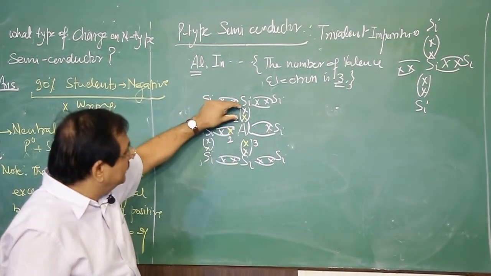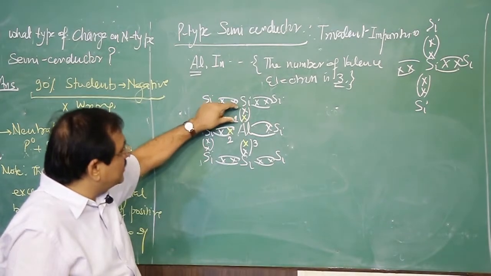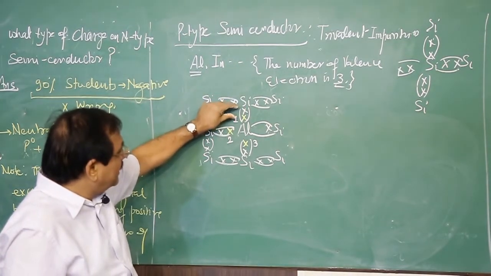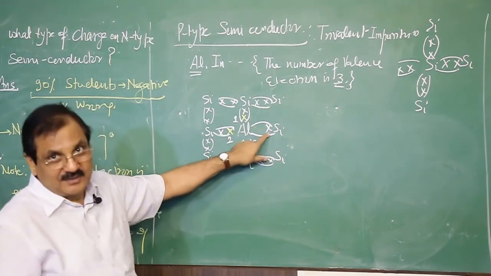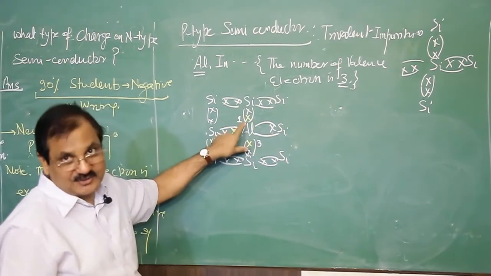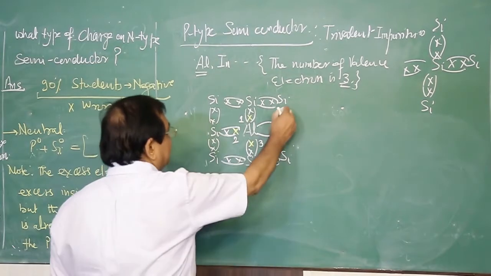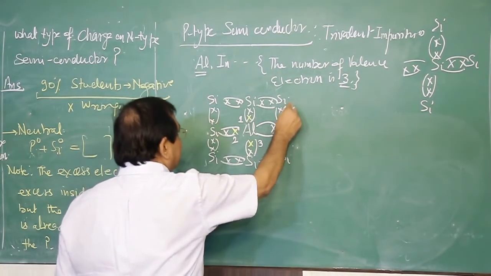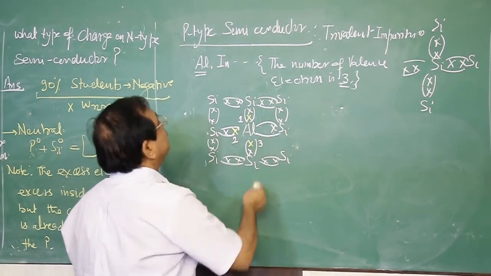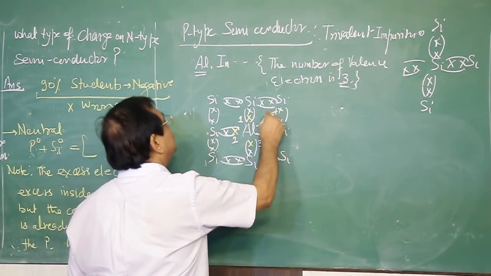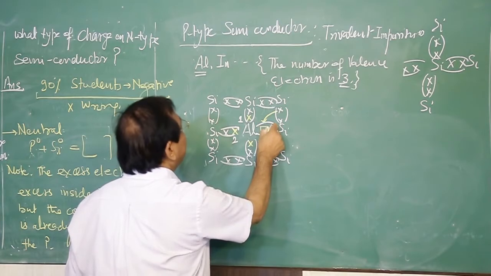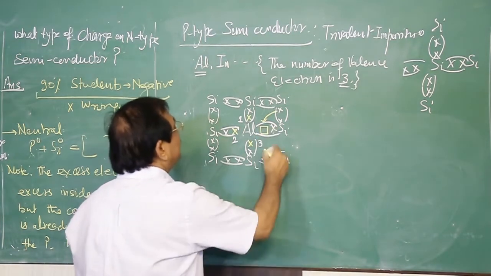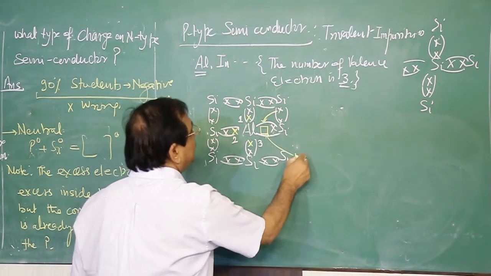Here, the number of electrons after sharing is 2 plus 2 plus 2 plus 1, that is 7. So, there is one electron lacking. What will happen in this case? Any one of the electrons comes to this place. This place is an empty place.